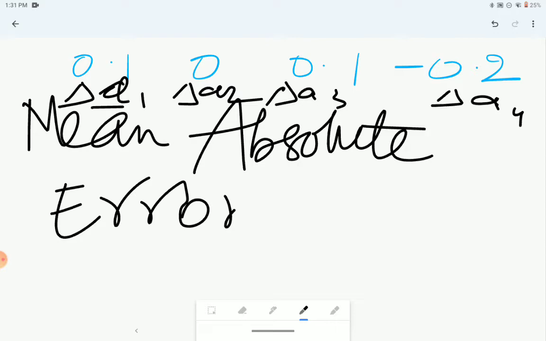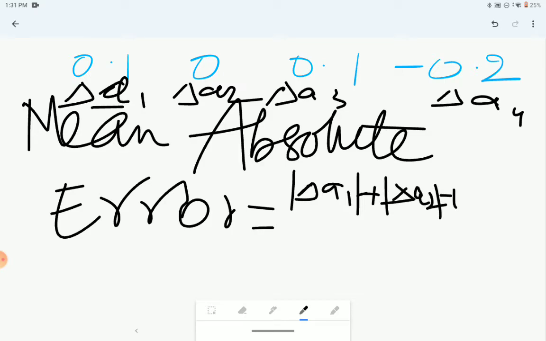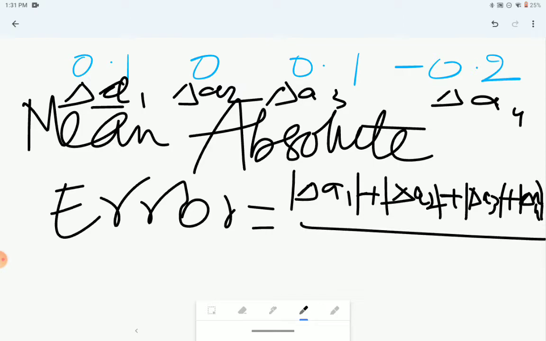Mean absolute error is mod of delta a1 plus mod of delta a2 plus mod of delta a3 plus mod of delta a4, and so on, divided by n, which here is 4.